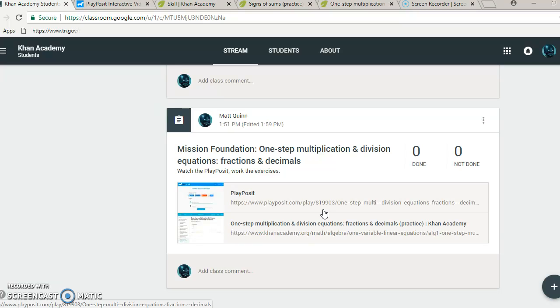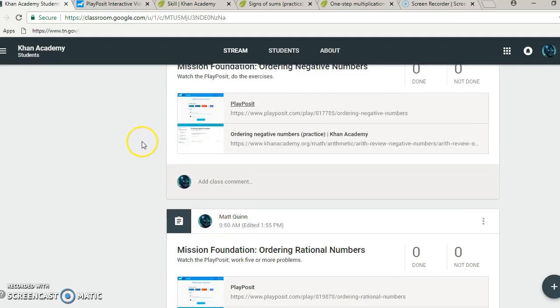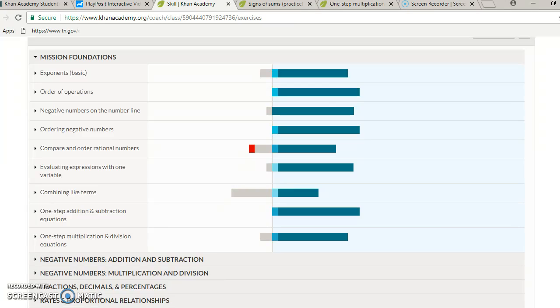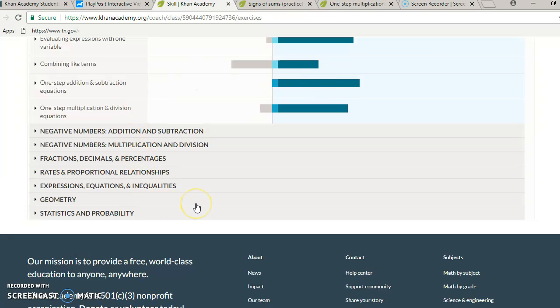And I think I'm going to try and do that again. But this time, we've got a clear beginning and a clear end. Mission Foundation. These are all 6th grade standards, but they're kind of pivotal in understanding the next round of information. And I think there's probably a strong correlation between students who are able to get through these exercises and master them and understand them, and their level of success down here.